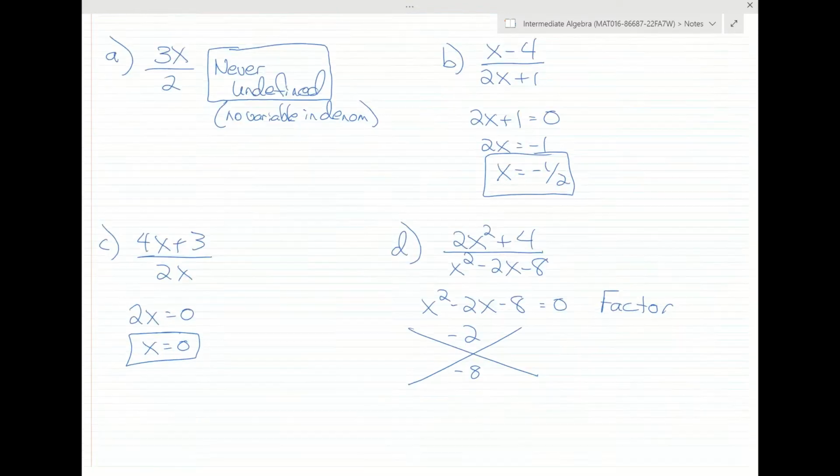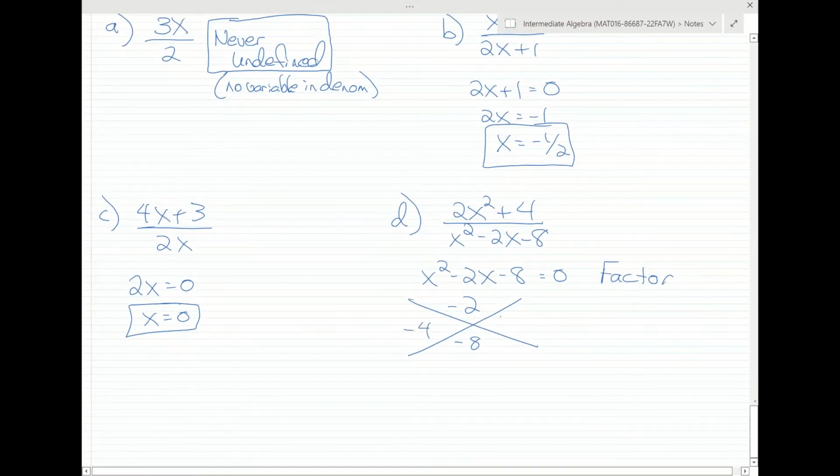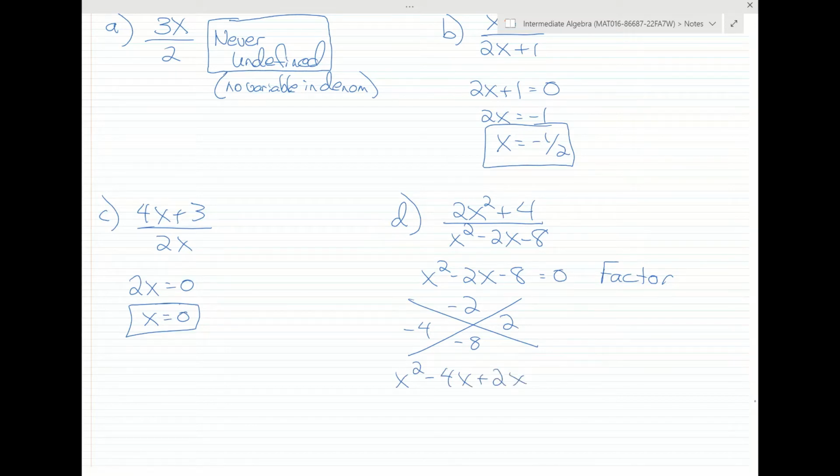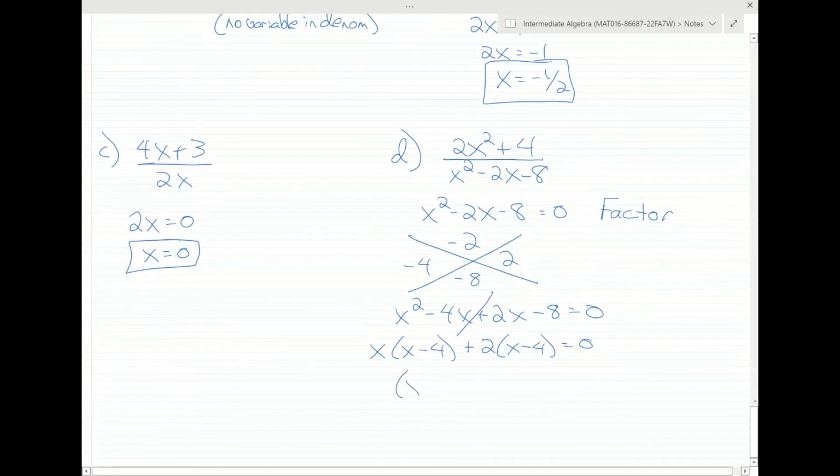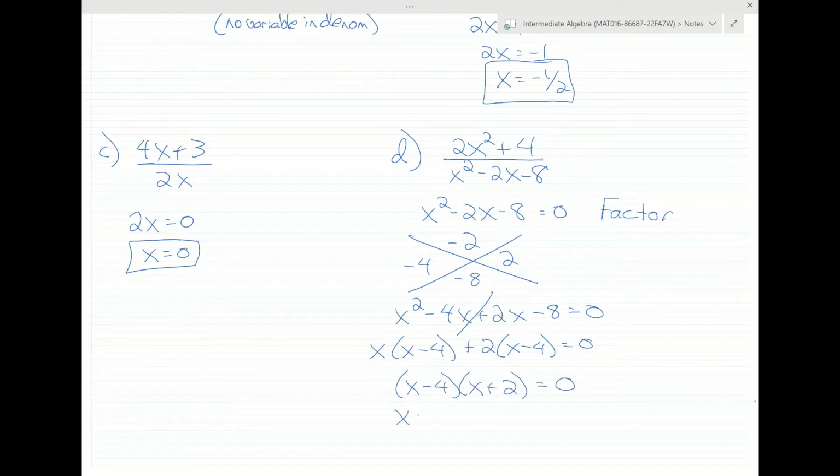So we could use negative 4 and positive 2, and then we'll just factor and set the factors equal to 0. That x is 4 and x is negative 2.